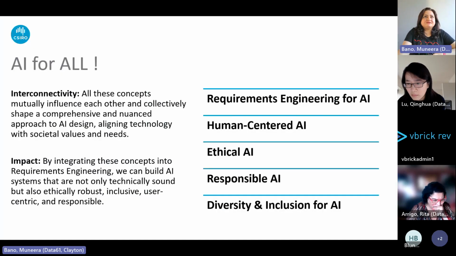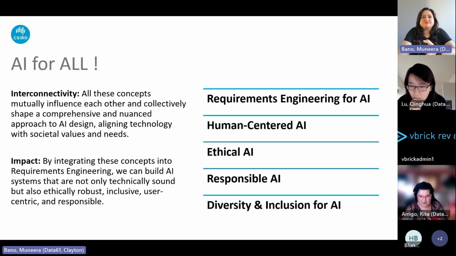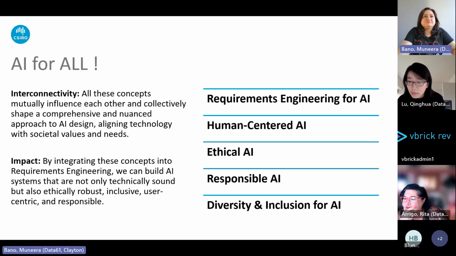So all these concepts are connected, but we will be looking at them from the lens of requirements engineering, which is my field of expertise, and how to actually operationalize all these concepts, principles and frameworks into something that is more meaningful and measurable.